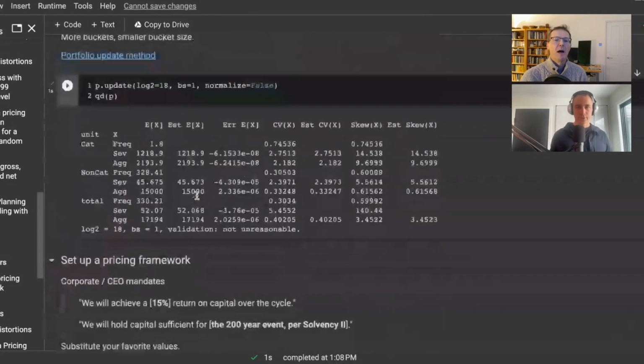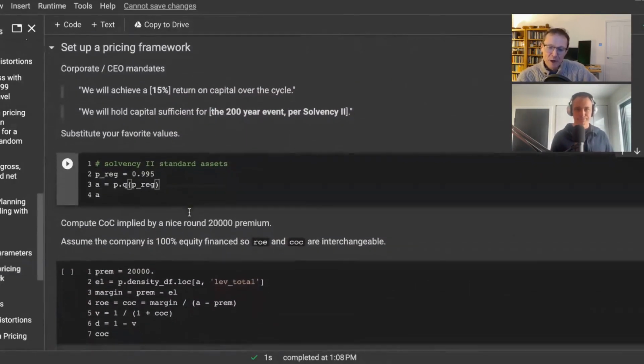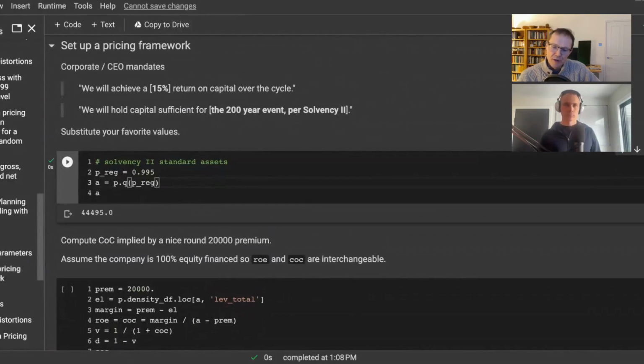Okay. Good. So now we're going to set up a pricing framework. And I should say, what I'm trying to explain with this is not necessarily how you should price, but I want to enable people to understand what they should expect the methods to produce. It's building your intuition for how these things are going to price.